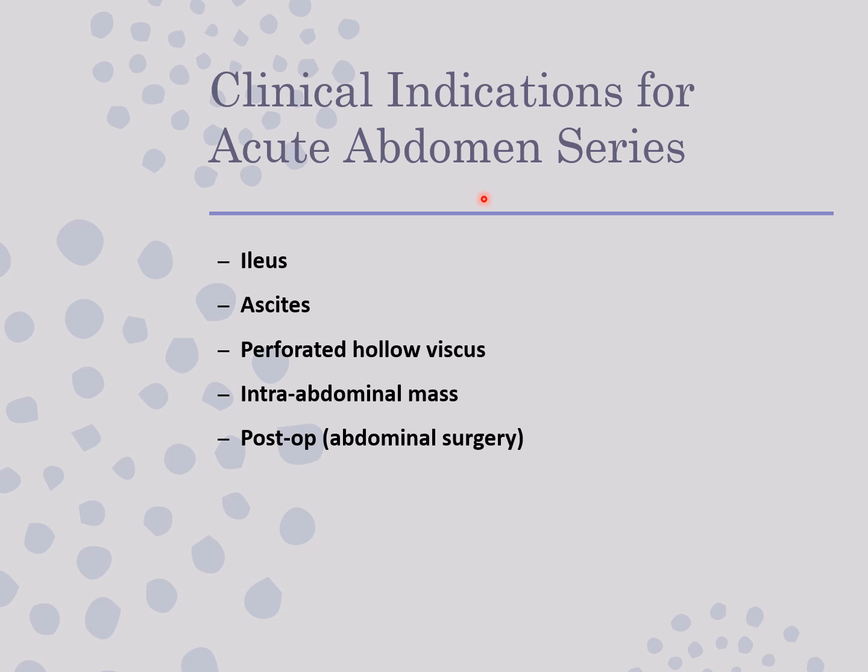Some reasons they might order that might be the patient they suspect has an ileus, which is a non-mechanical small bowel obstruction, or they could have mechanical ileus, which is the bowels obstructed from a hernia or adhesions. Ascites, I usually reference that as a doughy abdomen because the patient's abdomen feels like pizza dough.